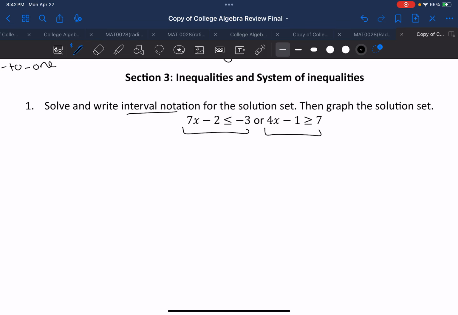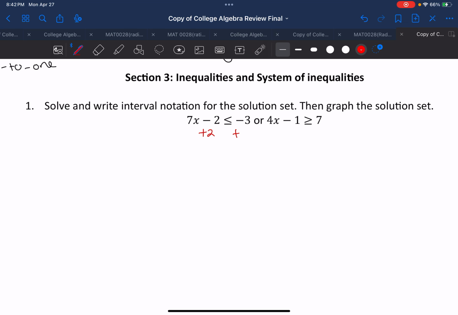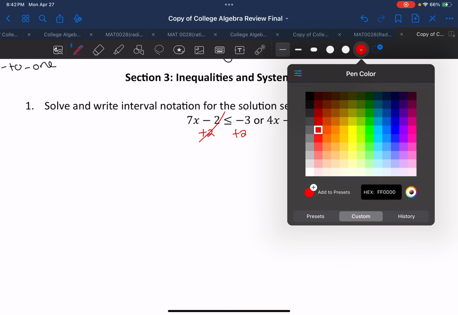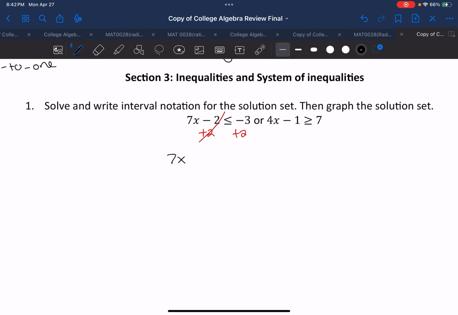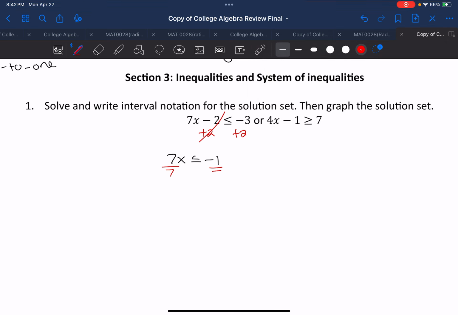So this is what we did first, more towards the beginning of the course. So I'm going to solve both of these separately. So add 2 to both sides. So -3 plus 2 would be -1, and then I'll divide both sides by 7.